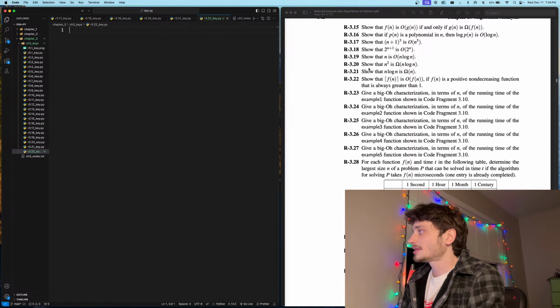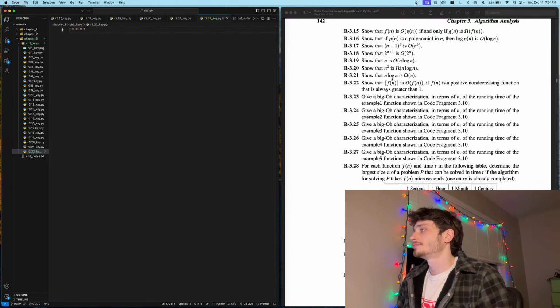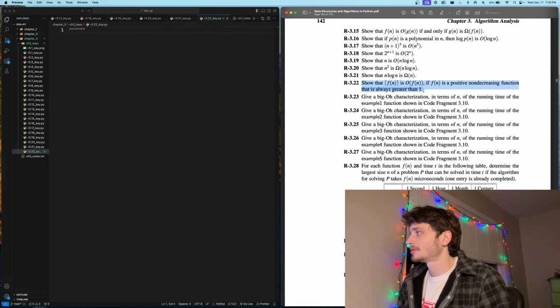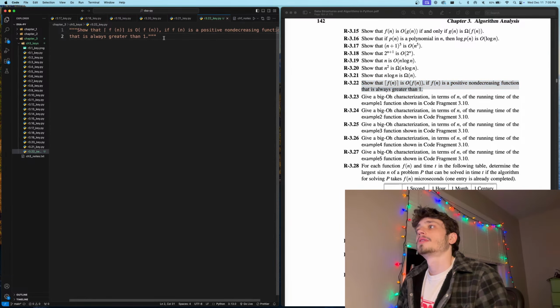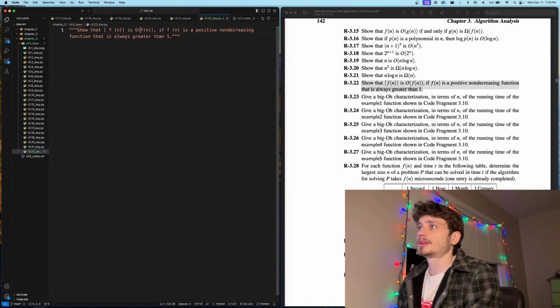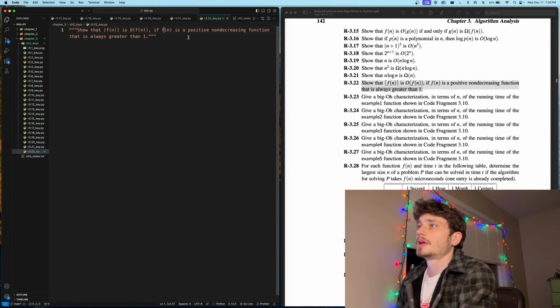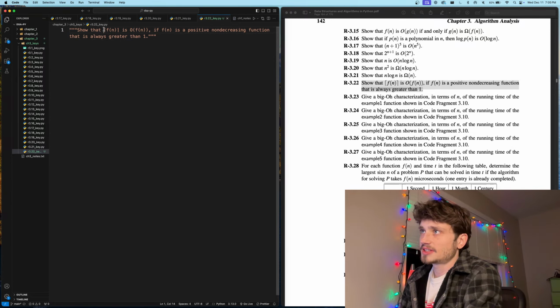Okay, so we're on 322. Let's copy this over. Help get the formatting on this. So this says show that the ceiling of f of n is O of f of n if f of n is a positive non-decreasing function that will always be greater than 1.